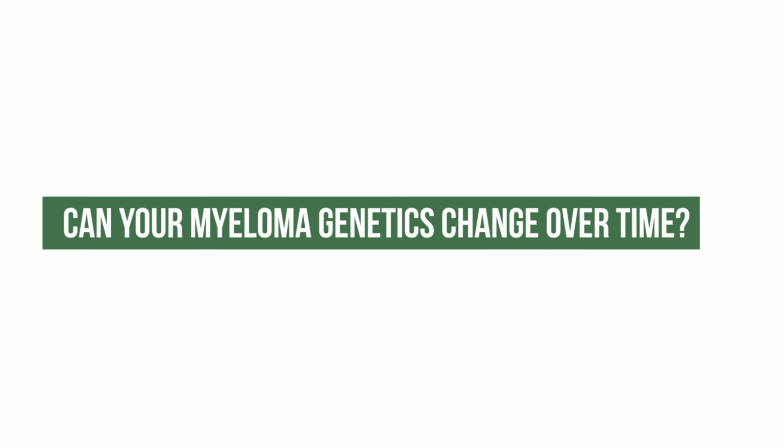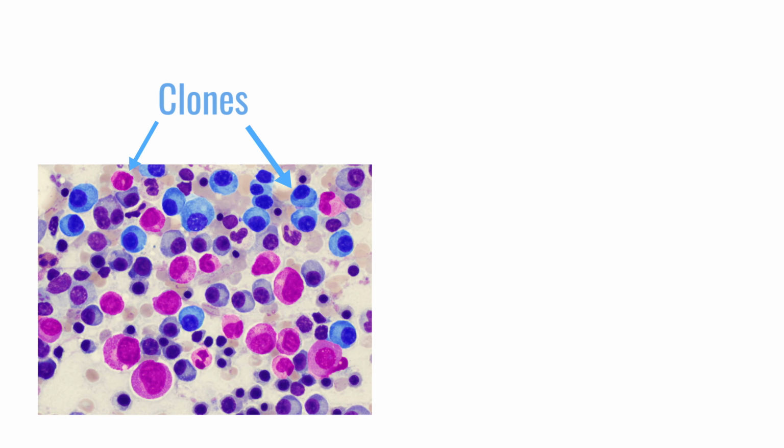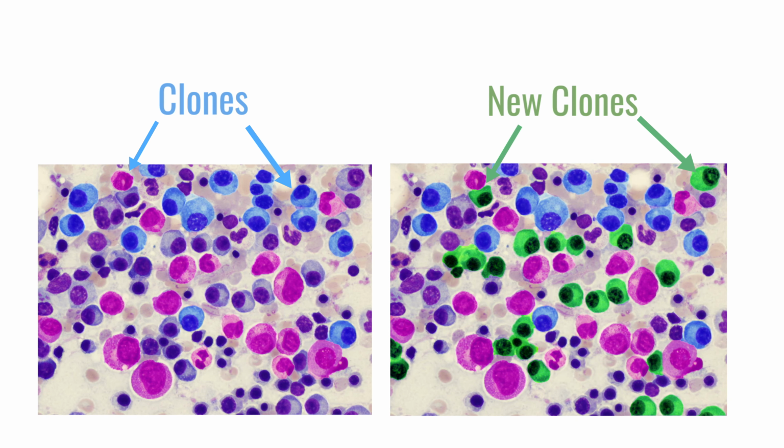Can your myeloma genetics change over time? It can change. As Craig had mentioned, and as I'll mention too, there are different clones of disease, and people can develop novel mutations or new mutations as they go through therapy.